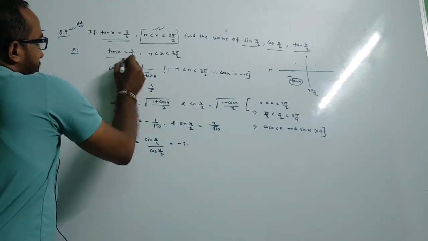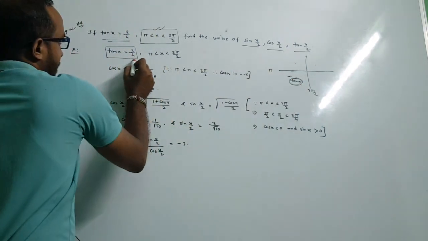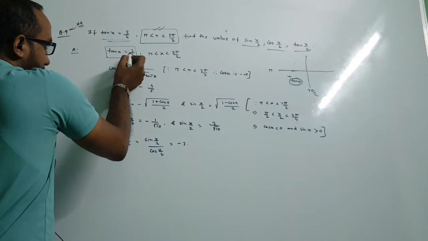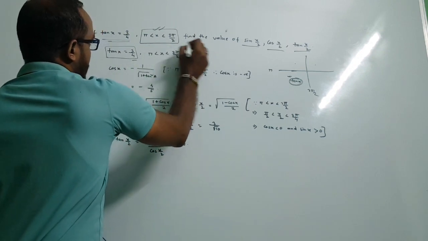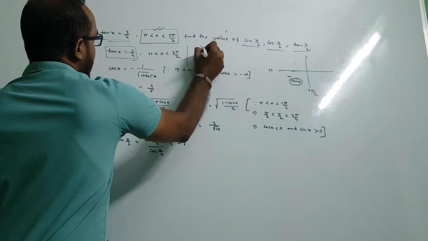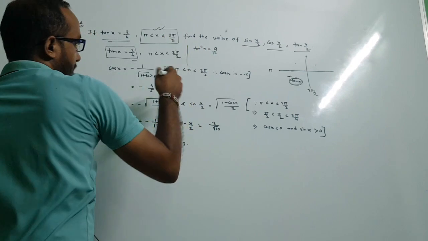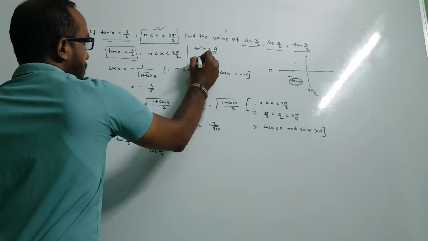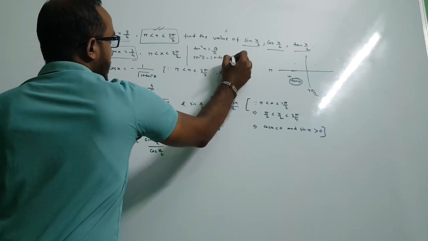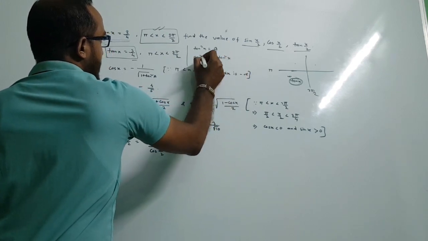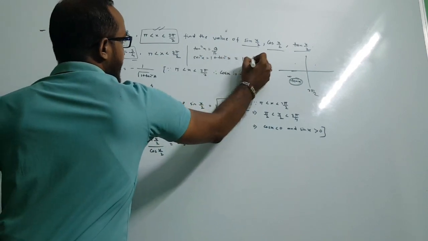See, tan x is 3 by 4. Obviously it is positive, because in the third quadrant tan is positive, we know. That's why it is given a positive value. Now square both sides. So tan square x equals 9 by 16. We know sec square theta minus tan square theta equals 1. So sec square x would be 1 plus tan square x, which is 1 plus 9 by 16.